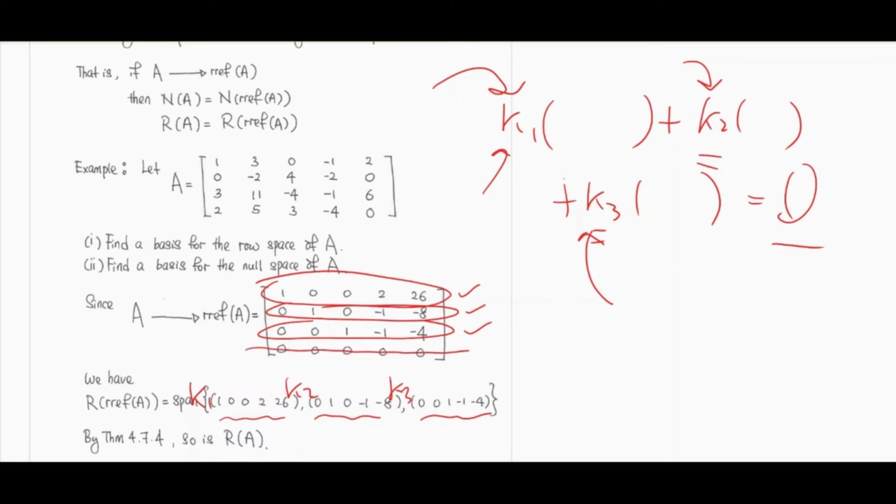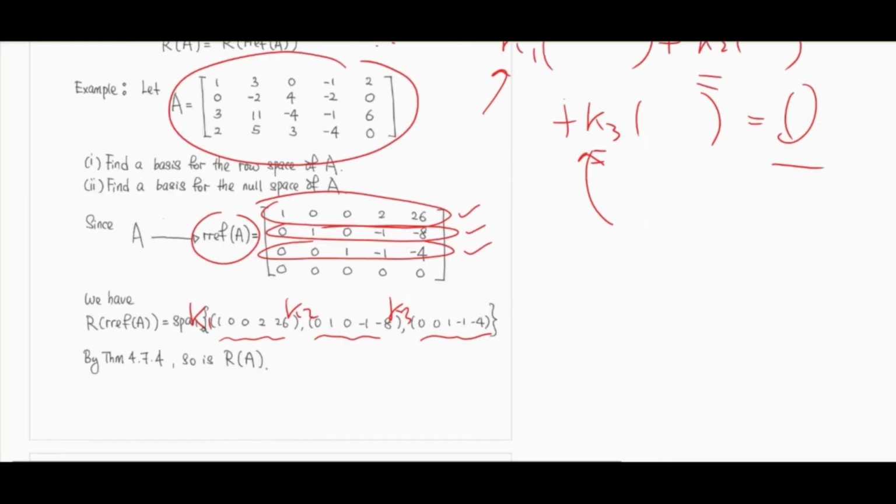So what is the row space of A? Row space of A is kind of difficult to see from here. But because we know that the row space of A and the row space of the RREF of A are the same, and the row space of the RREF of A is clearly spanned by these three vectors, we can say that the row space of A is also spanned by these three vectors. That's what the theorem is saying.